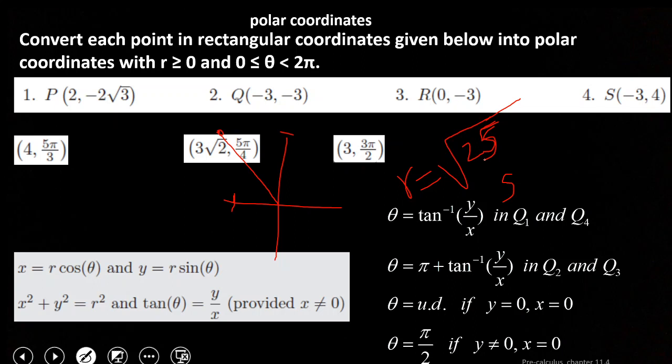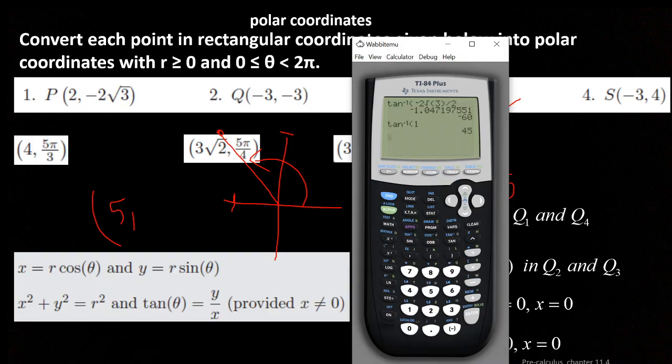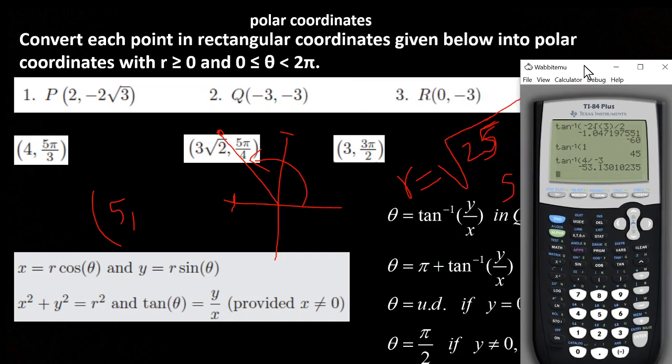So r is 5. Now what's that angle? Well, again, we're going to go to the calculator and do tangent inverse of 4 divided by negative 3, which is not a nice value, but we can write it like that.